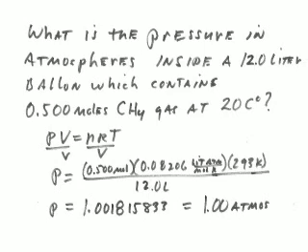Let's do another one. What is the pressure in atmospheres inside a 20-liter balloon, which contains 0.5 moles of methane at 20 degrees Celsius? Well, again, we start out PV equals nRT, divide both sides by V, and we get the pressure is equal to nRT divided by V. We got 0.05 moles.